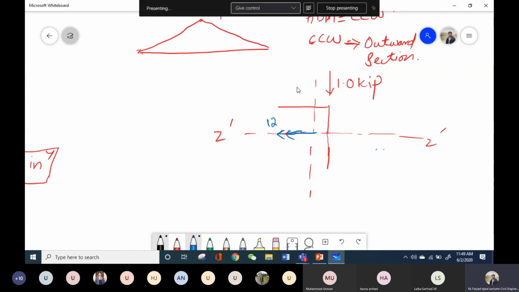Now if I again plot my principal axis, these are my principal axis, and I know the inclination of this bending moment with respect to principal axis, that is 23.8 degrees. Okay.